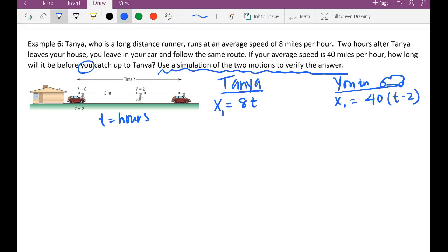Then, because we're writing in parametric, I also need y. So y1 equals and y2 equals. Now let me tell you about this y. For this particular problem, y doesn't matter as much, and let me tell you why. X is horizontal, y is the height, my bad. Normally, the car and Tanya should be driving at the same height, pretty much, on the surface road, whatever the height is.